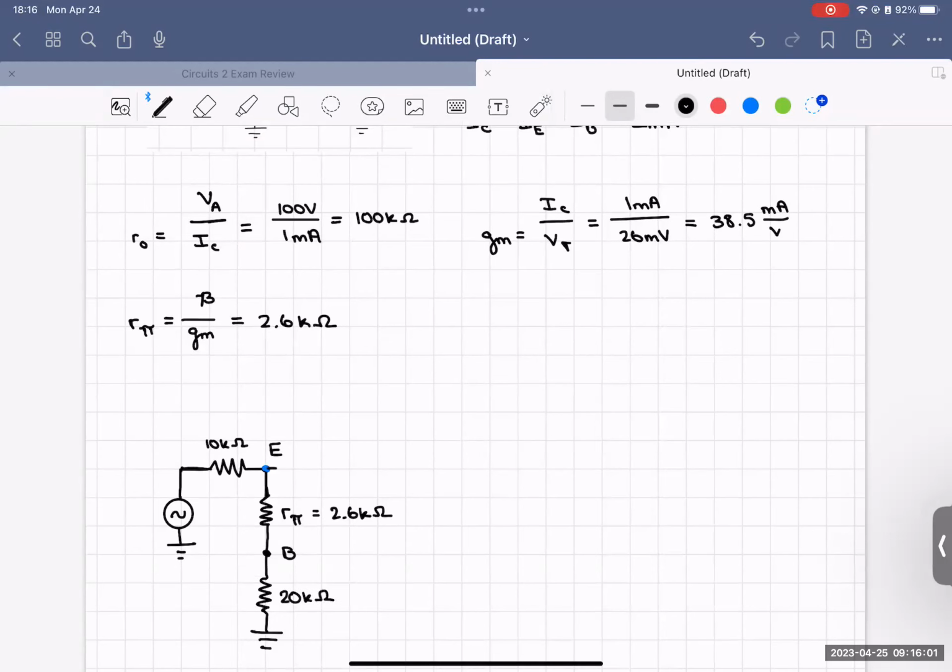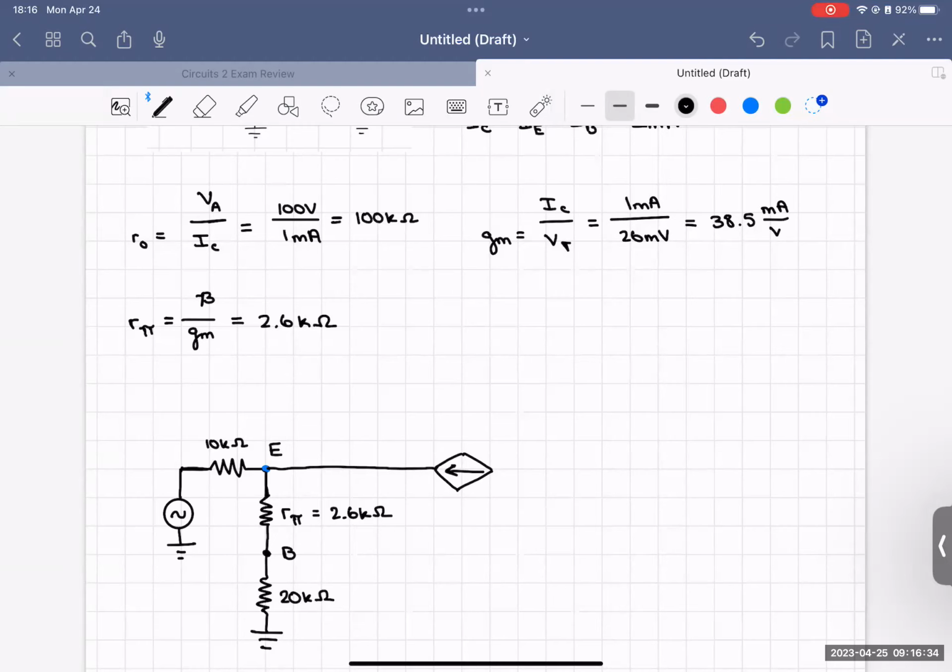And now we can continue. We'll move that out pretty far so we can get a good drawing. Now is where we're going to have our little r o and our g m v pi. So we'll draw out our source here, a voltage controlled current source.